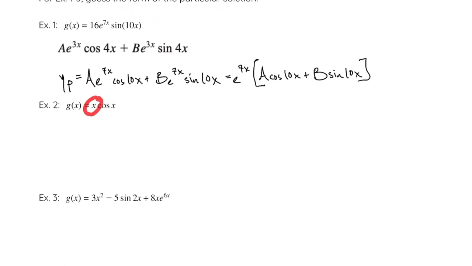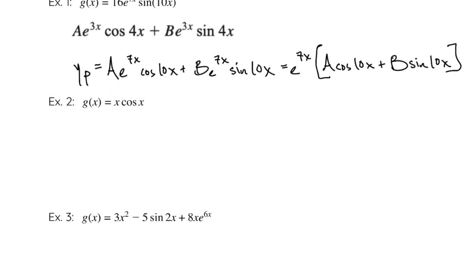Anybody think they find the form that comes when we see just an x?